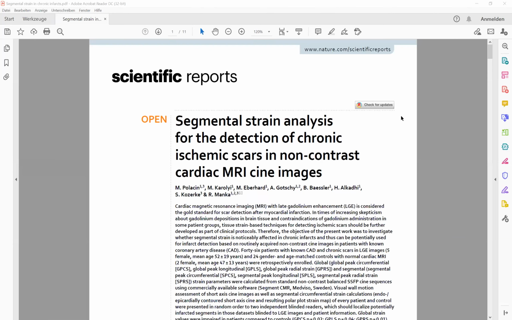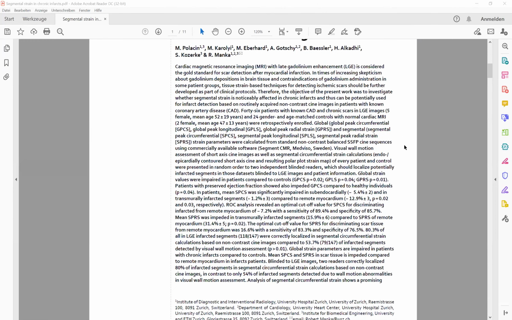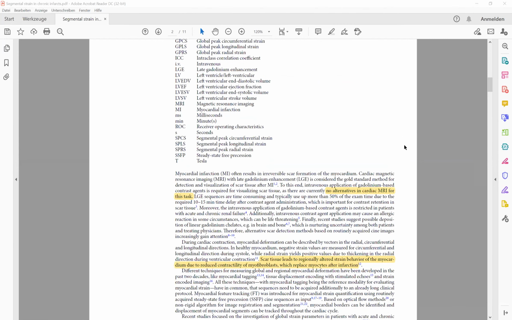Okay, so maybe a less sophisticated topic, but clinically it's working. It's about segmental strain in chronic ischemic scars based on cine images. As we know, we don't have many alternatives in cardiac MRI for visualizing scar tissue. And many patients, as we discussed, can't or don't want to get gadolinium.